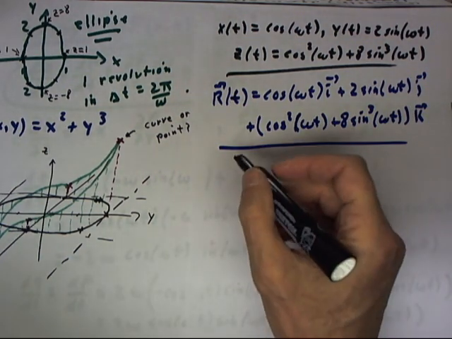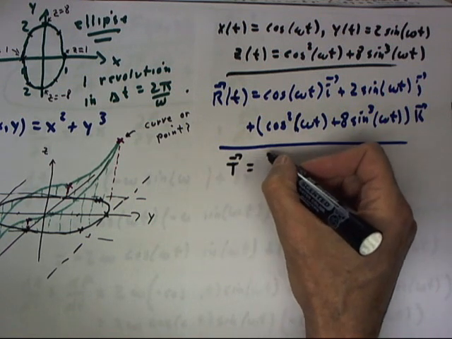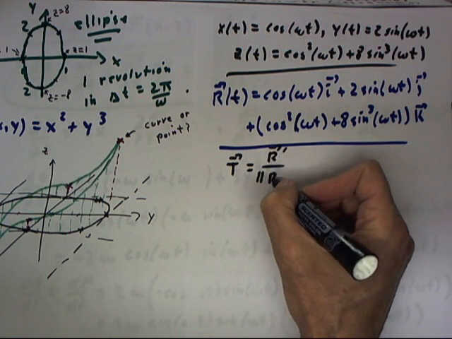We calculate the unit tangent vector, which will be r prime over the magnitude of r prime.